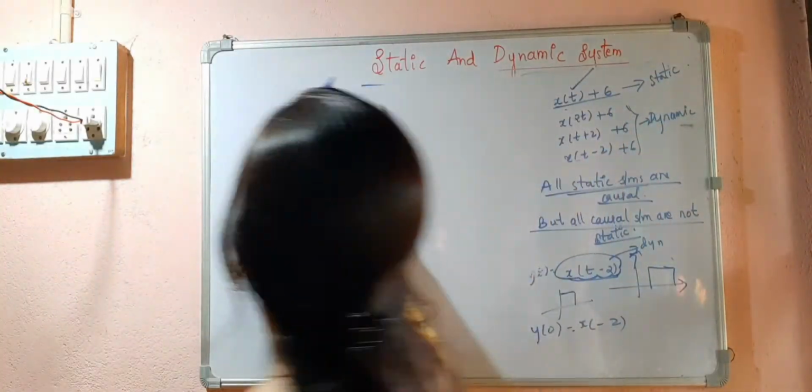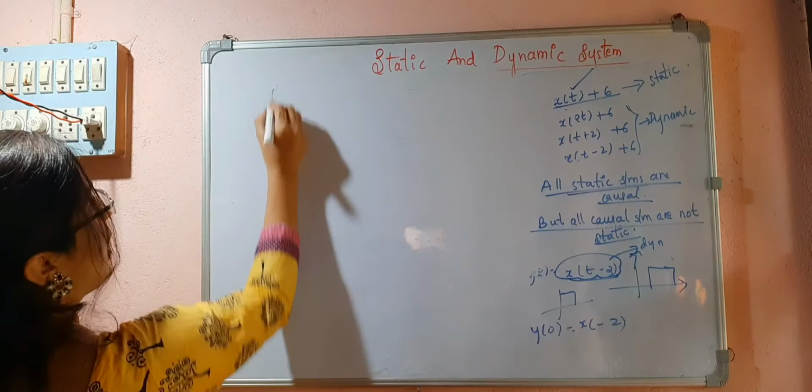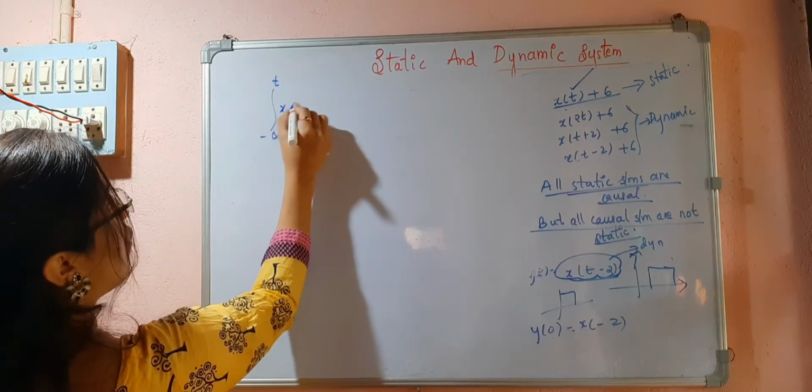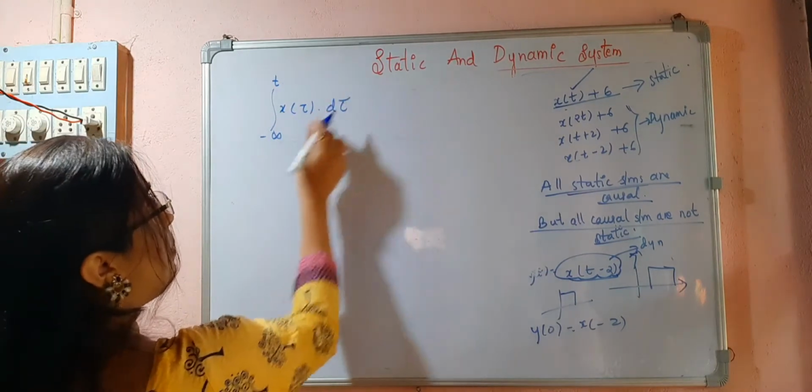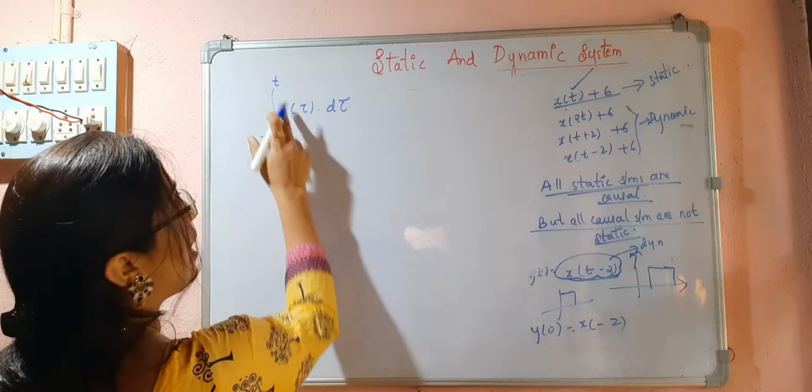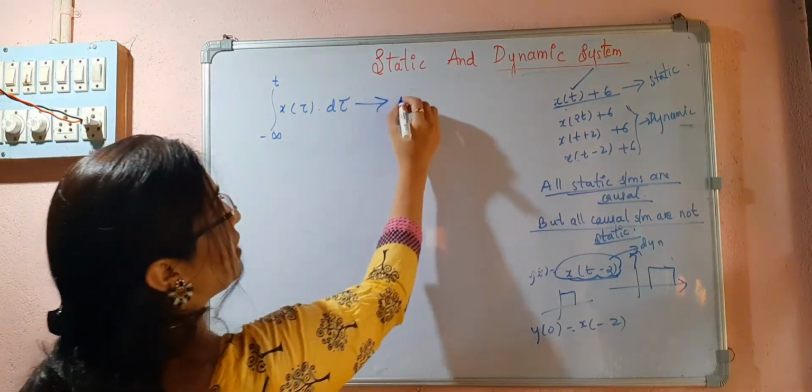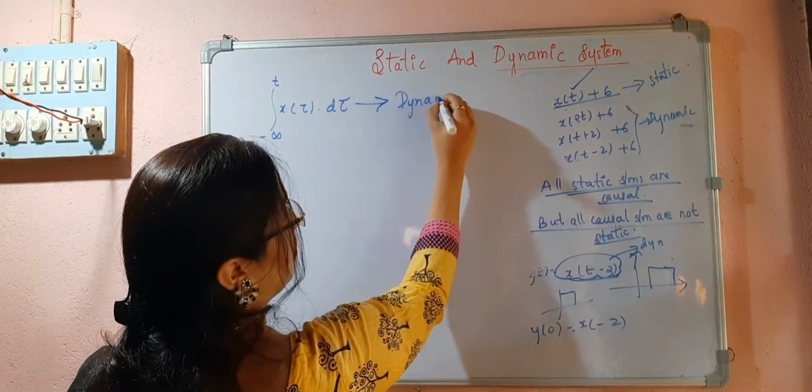If I consider the integrator from minus infinity to t of x of tau d tau, this will be depending upon the past values, so we can call this a dynamic system.